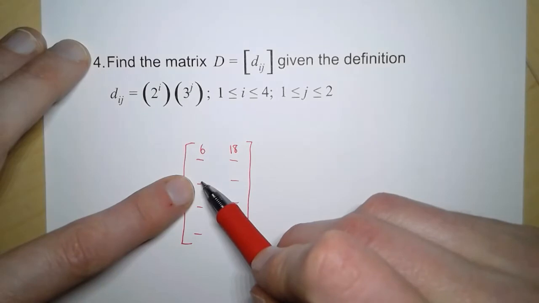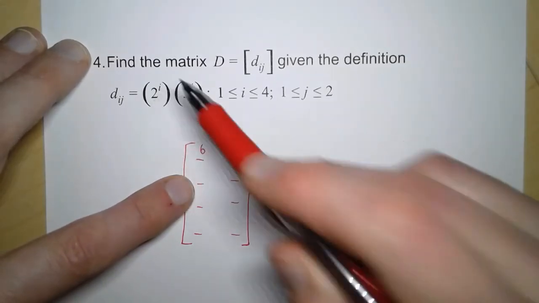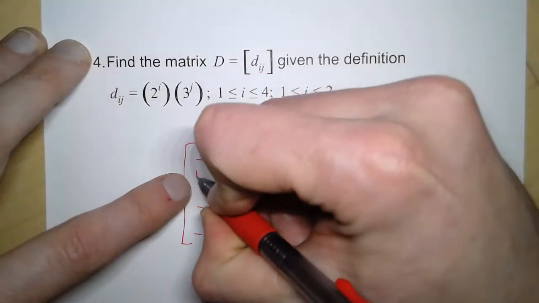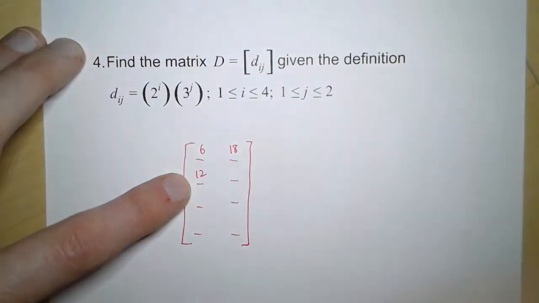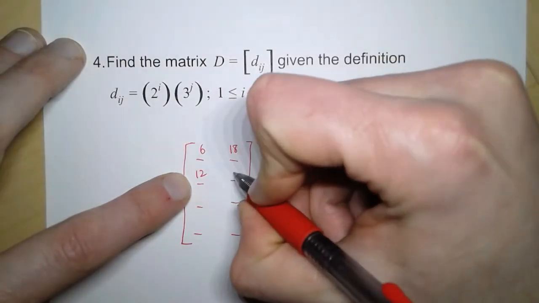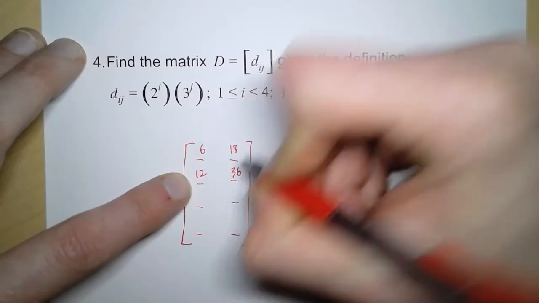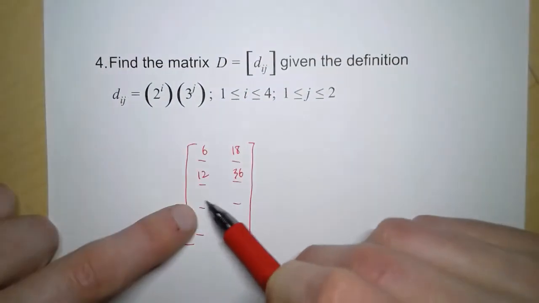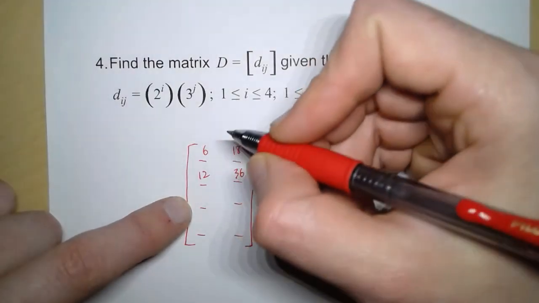Now down to the second row. 2 in for i, 1 in for j. 2 squared times 3 is 12. And then 2 in for both i and j, that's 2 squared times 3 squared. So that's going to be, let's see, that should be 36. So now, 3 in for i and 1 in for j, that should be 24.